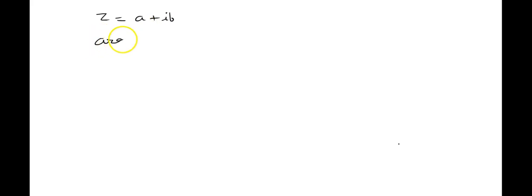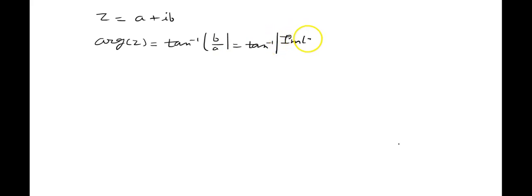Then the argument of Z will be given by tan inverse of modulus of B over A. This can be written in the generalized form: imaginary part of Z divided by real part of Z. This is how we find the argument of Z.